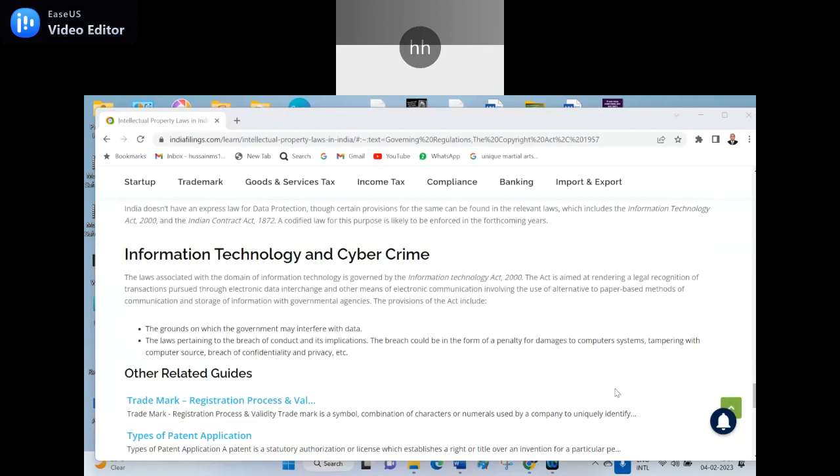The act is aimed at rendering legal recognition to transactions pursued through electronic data interchange and other means of electronic communication, involving the use of alternatives to paper-based methods of communication and storage of information with governmental agencies. Information technology and cyber crimes come under it.